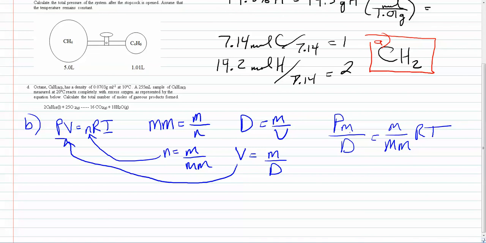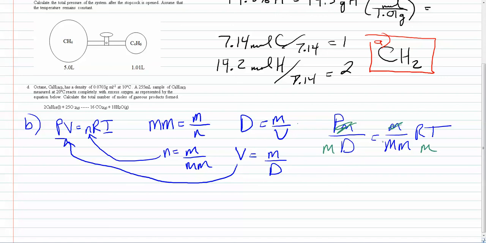Now, if I divide both sides by m, I'm actually going to be able to get rid of that. So I'm going to divide both sides by m so we can get rid of that. And then let's get molar mass by itself here.